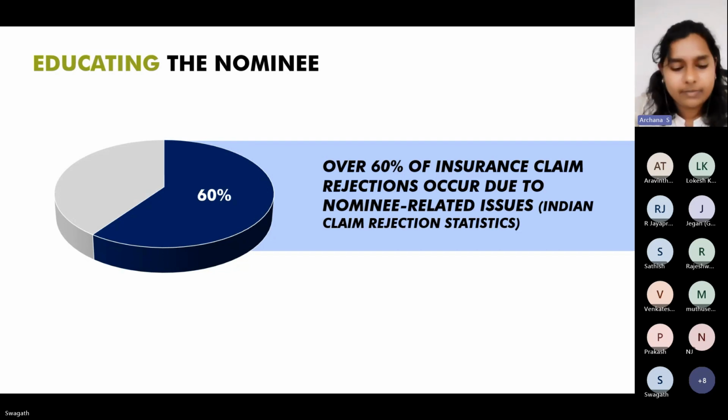So what we suggest is, if there is an agent or advisor you have, please give that contact number to your nominee so that when something unfortunate happens, the nominee can know that there is this kind of policy that they can get a corpus or a financial security from. So educating a nominee is very, very important and very crucial.